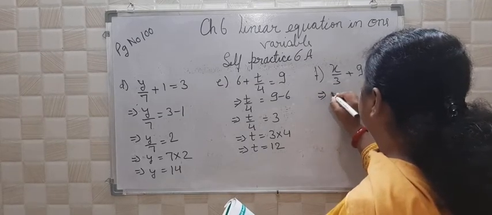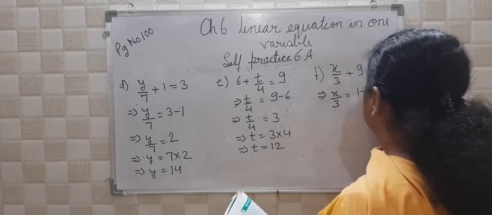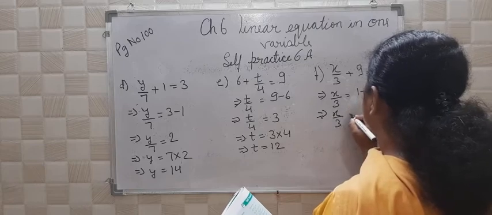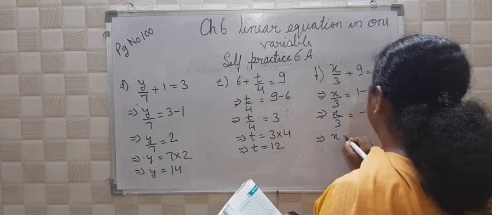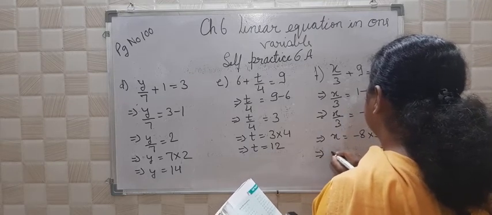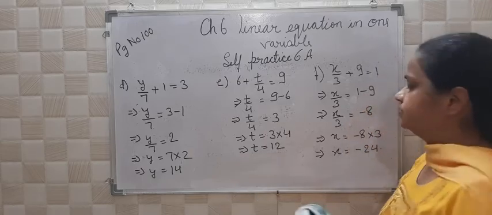So what will you have? x by 3 is equal to 1 minus 9. x upon 3 is equal to minus 8, and x is equal to minus 8 into 3, which further gives x is equal to minus 24. Okay.